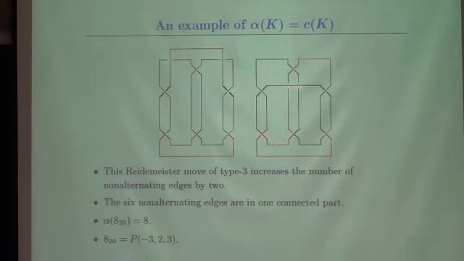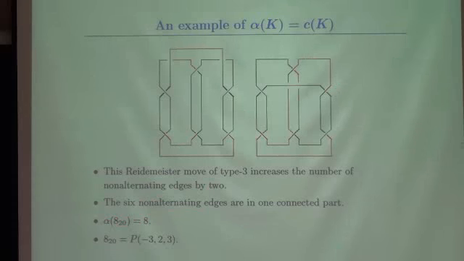So in this case you cannot reduce the number of regions by 3. You can only do 2 reductions. So its arc index is the same as the crossing number. Okay.